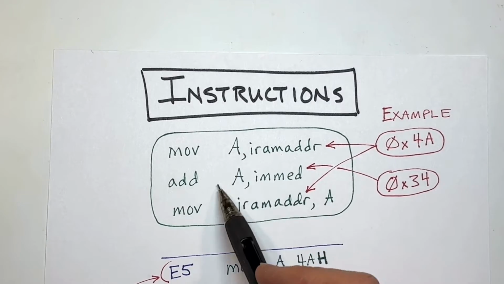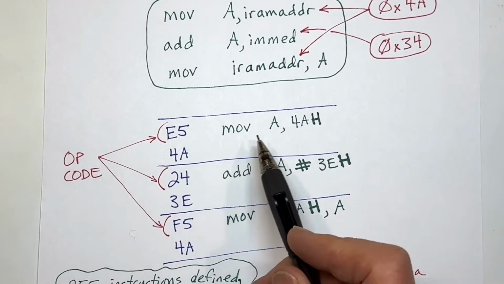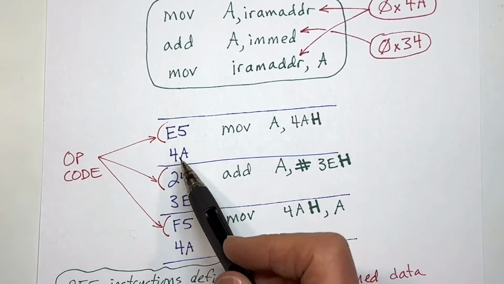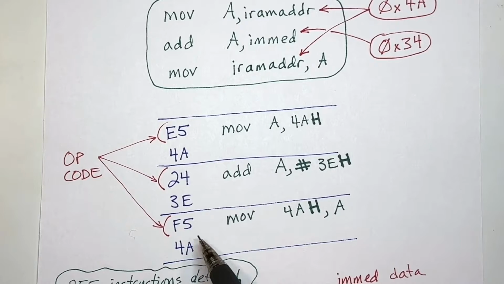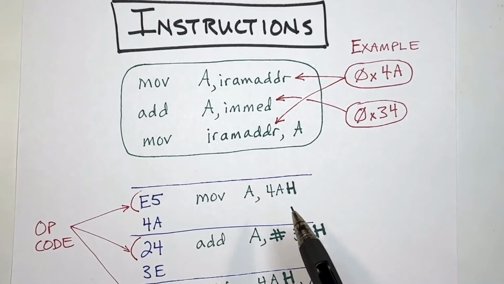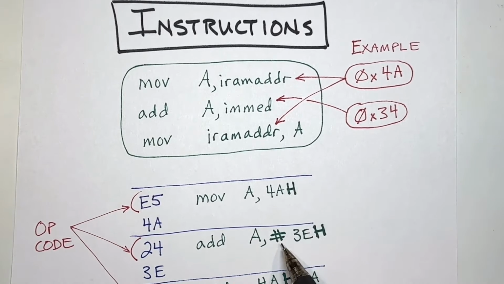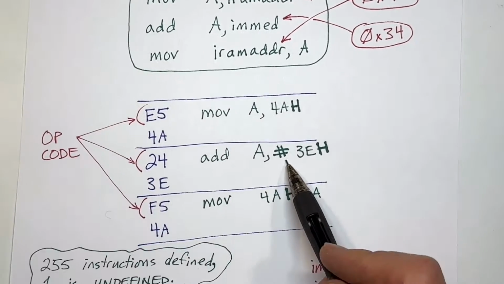Now I'm showing it in general form here, and then down here I'm showing specific examples. And then over here I'm showing the actual bytes that would be assembled and moved into flash memory. With the 8051 assembly code, hex values are indicated with a trailing H, and immediate data is indicated with a pound sign here.